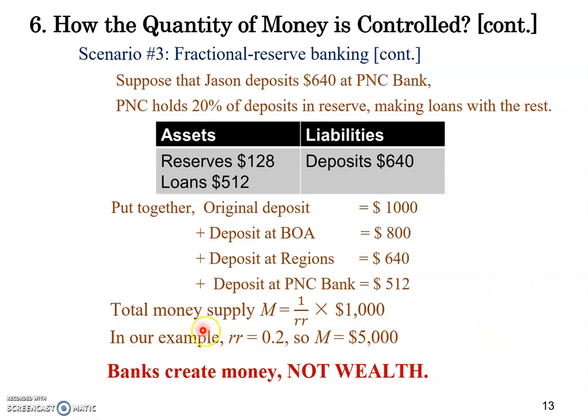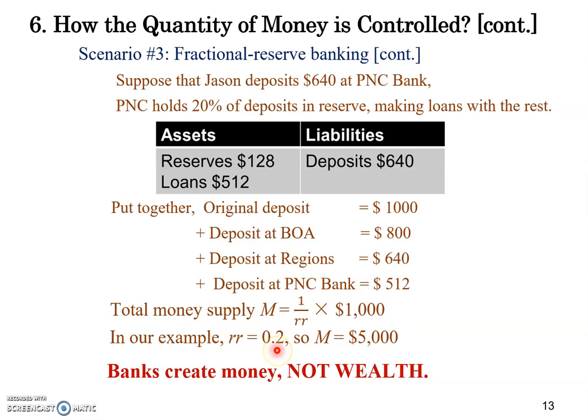And so eventually the total money supply would be 1 over the reserve deposit ratio, RR, times $1,000, which is the original amount of money Connor has. So in our example, the RR equals 0.2 because we assumed that each bank holds 20% of the deposit in reserve.